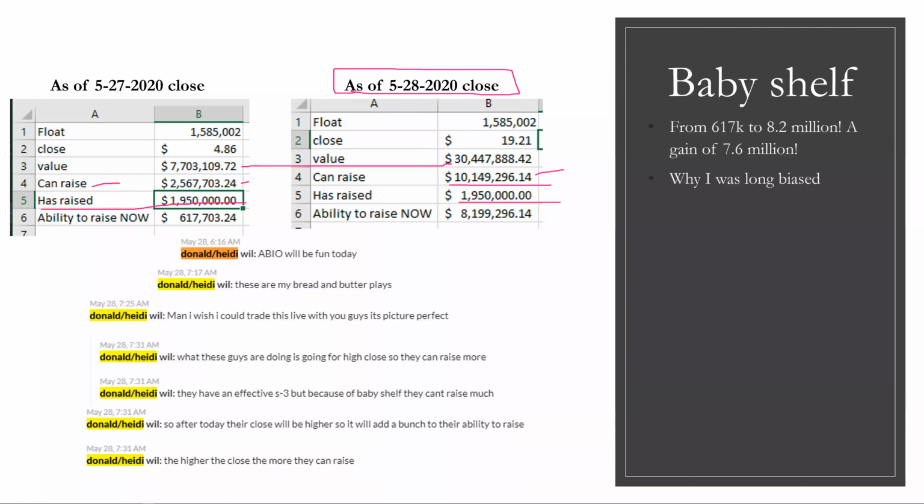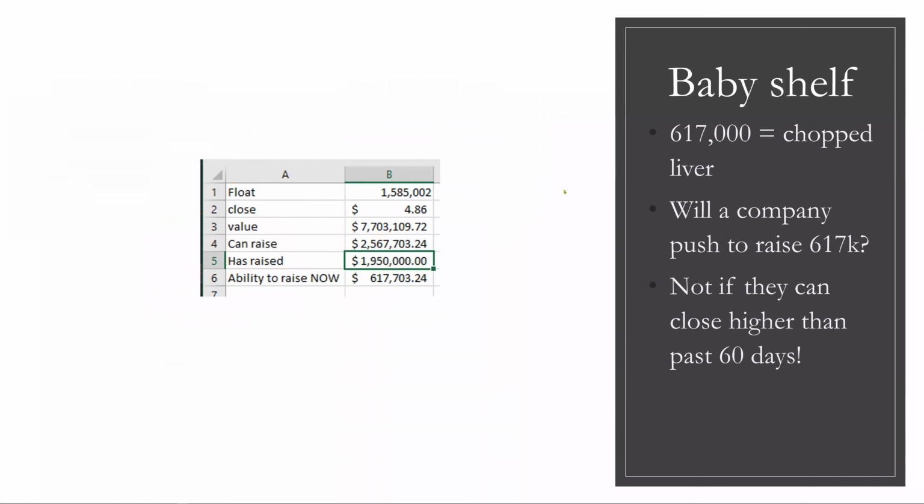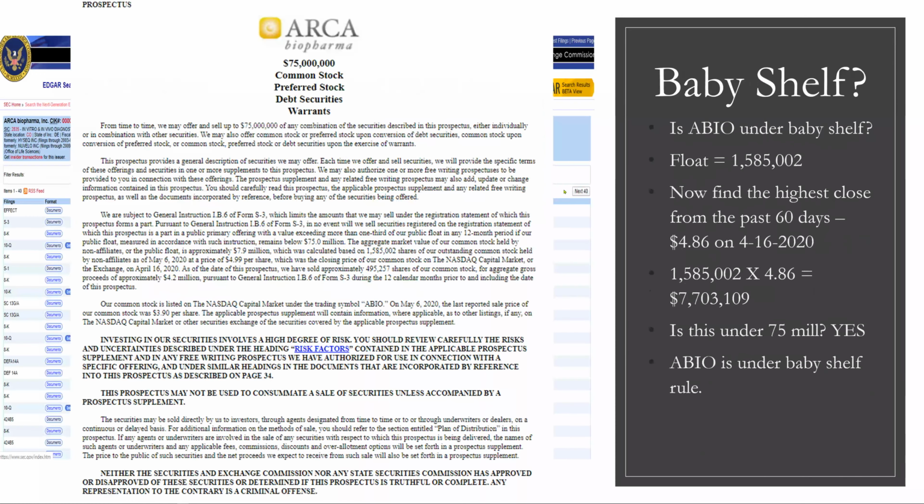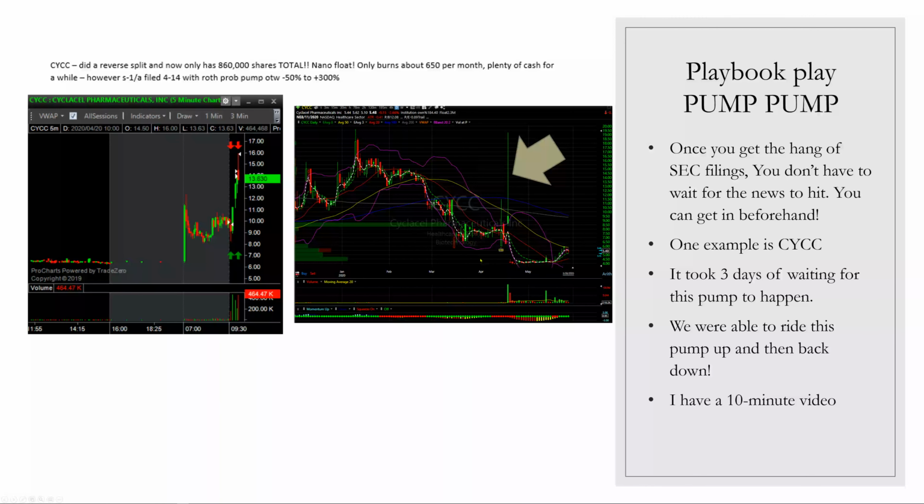Yes, exactly, Irina. And I call this a type 1 play, right? It's a pump. They were trying to pump this. This is just a pump and dump. They're trying to pump it up so that they can raise, do an offering, and bring it down. And if you look at the one that I showed you, you see this one, CYCC? It was the same thing.